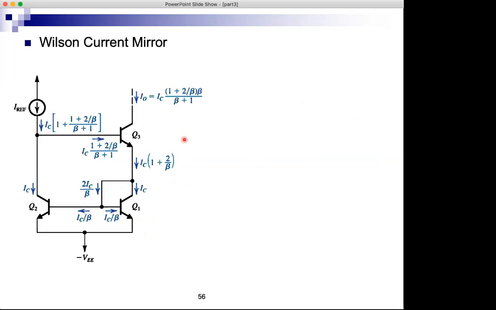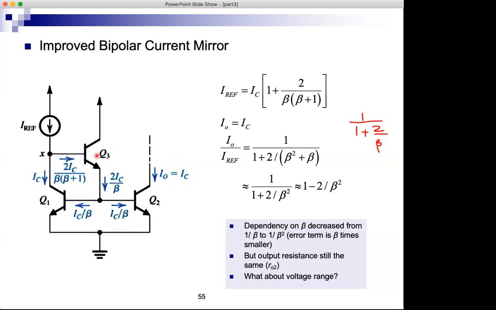If you had the original current source with the short circuit here, with 2 transistors, can you add just one BJT and improve the dependence on beta and the output resistance? So this was a challenge. Kill two birds with one stone: the beta bird and the output resistance bird, with one additional BJT.